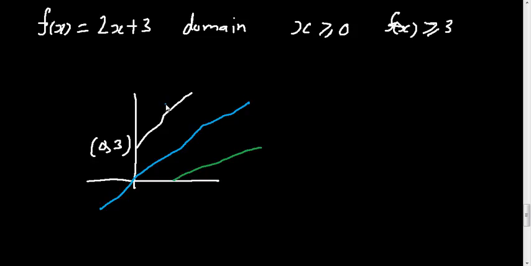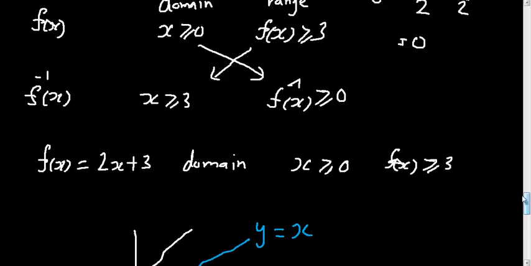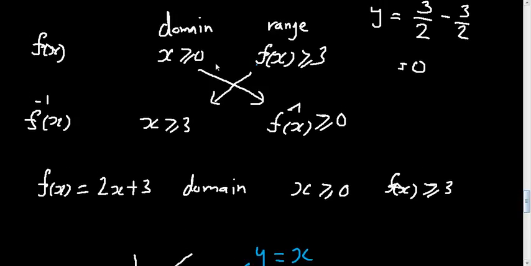So that's the y is equal to x line. That's what happens to the domain and the range of a normal function when you work out its inverse function: the range of the normal function becomes the domain of the inverse function, and the domain of the normal function becomes the range of the inverse function. Okay, good.